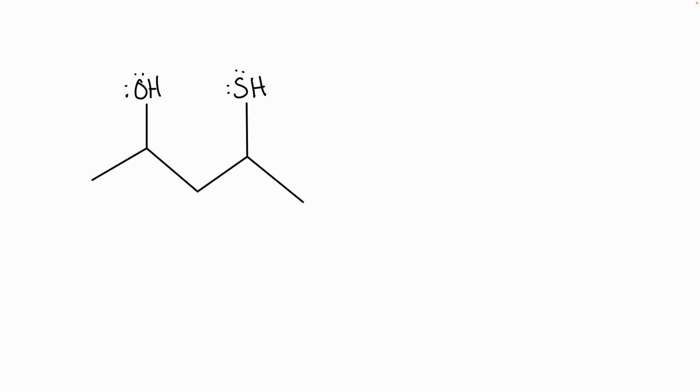We talked a little bit about this before with enols, naming molecules that had both a double bond and an alcohol group in there. But this poses a new special challenge for us here.